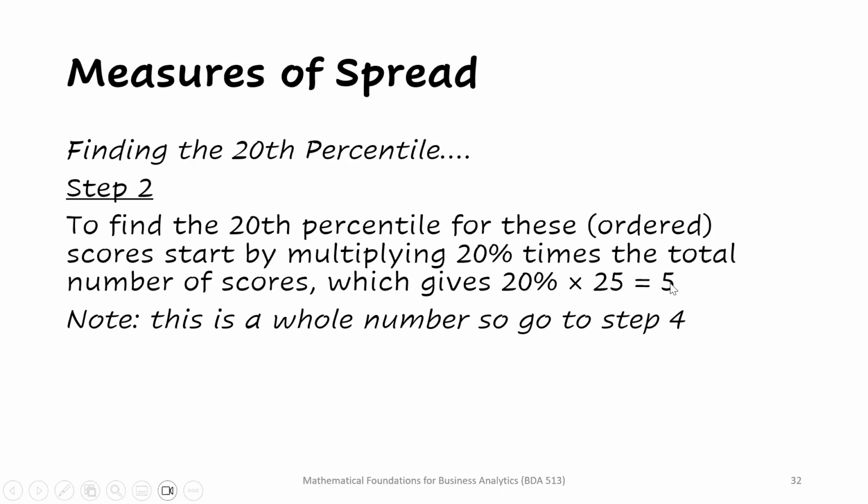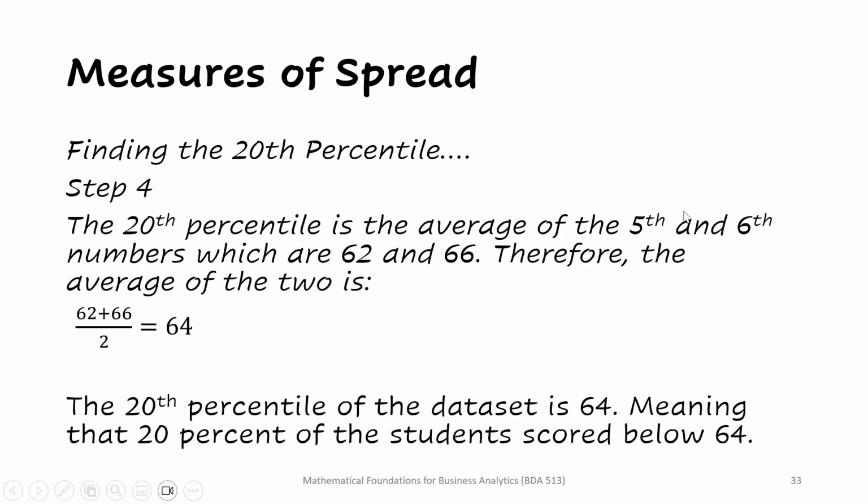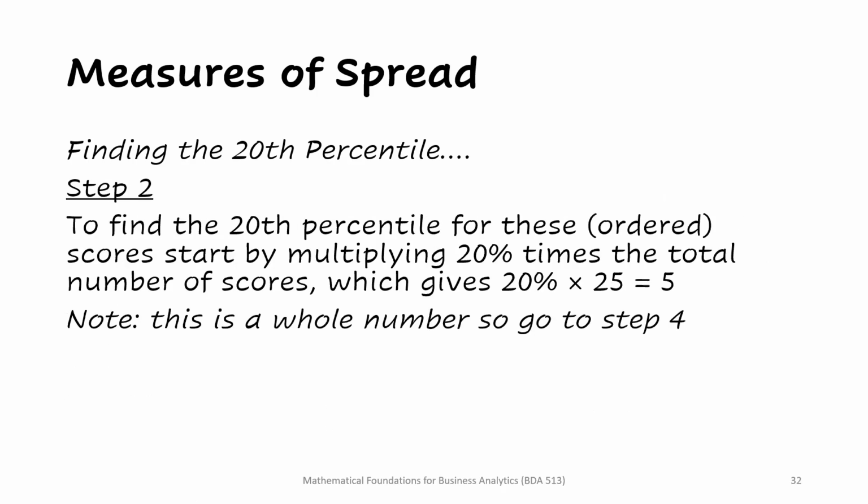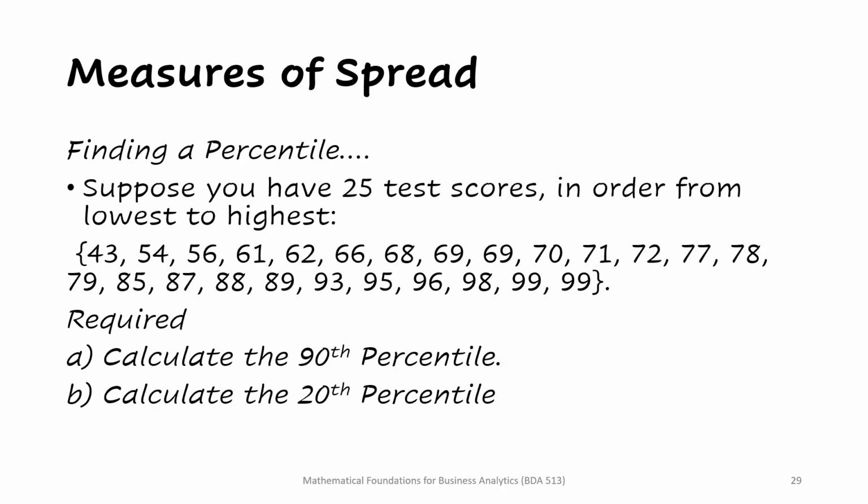This is a whole number, so we go to step 4. And what is step 4? The 20th percentile is the average of the 5th and the 6th. So you take the 5th and the 6th, add them up and find the average. Here the number was 5, so let's count to 5: 1, 2, 3, 4, 5. That is 62.